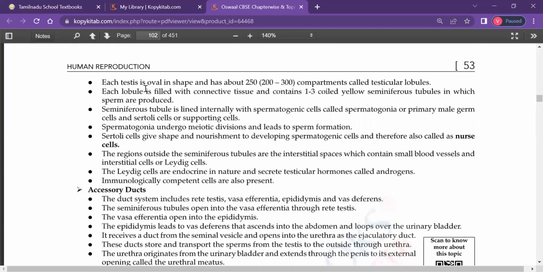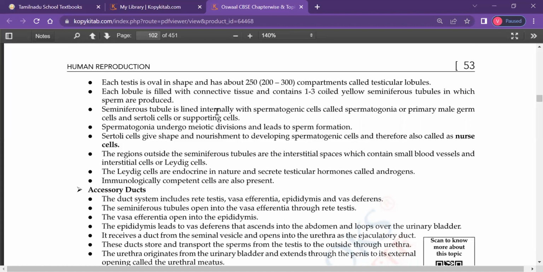Each testis is oval in shape and has about 250 to 300 compartments called testicular lobules. Each lobule is filled with connective tissue and contains 1 to 3 coiled seminiferous tubules in which sperms are produced.